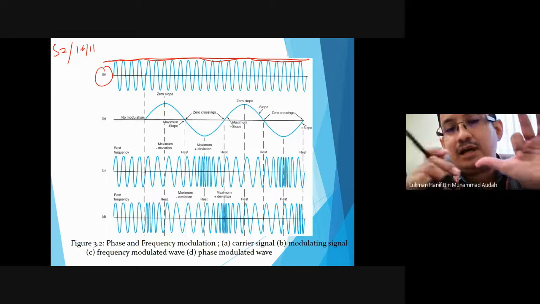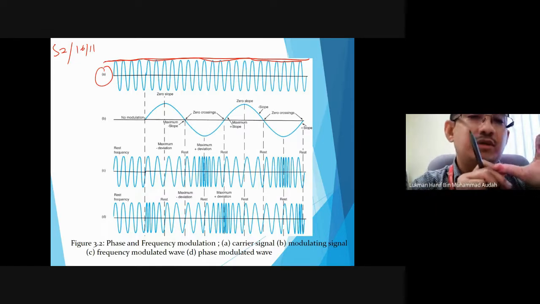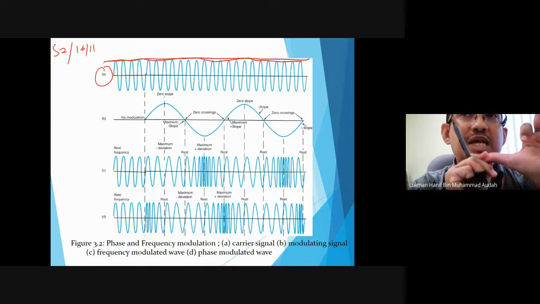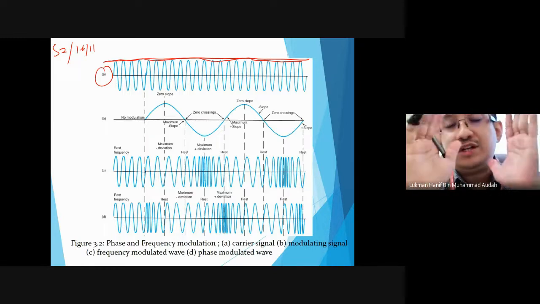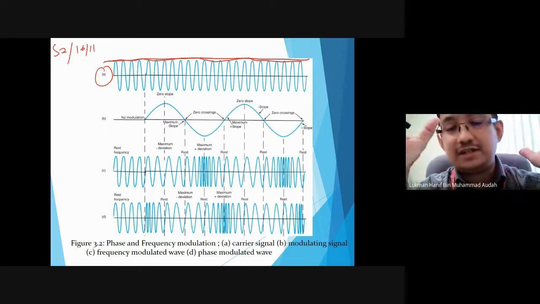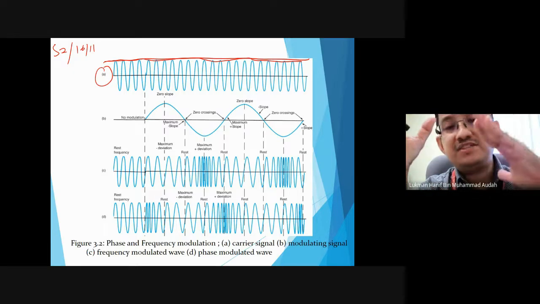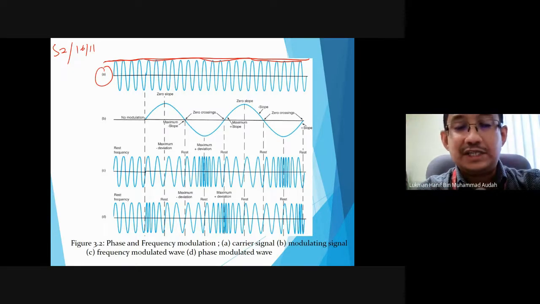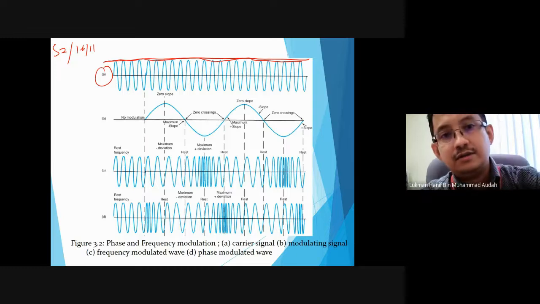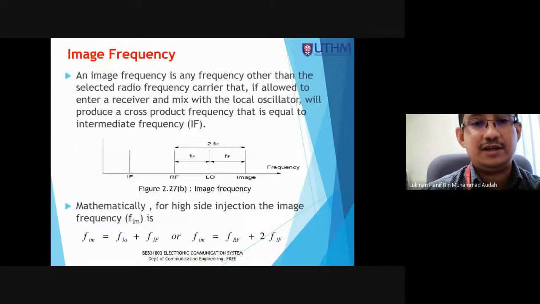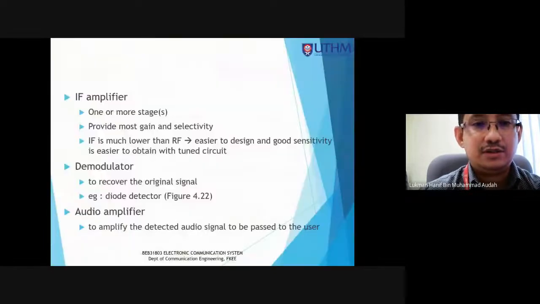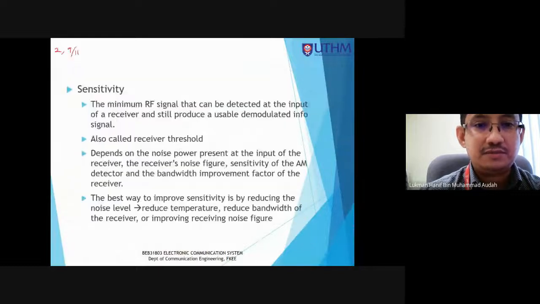Remember dalam angle modulation, carrier amplitude tidak berubah, kekal sama. Cuma yang berubah adalah frekuensi dan fasa. Berbeza dengan AM, amplitude modulation, yang mana amplitude carrier berubah-ubah, naik turun.